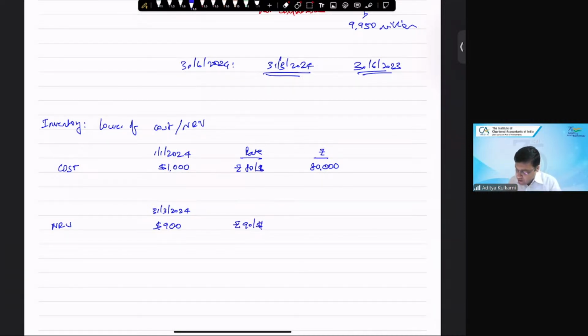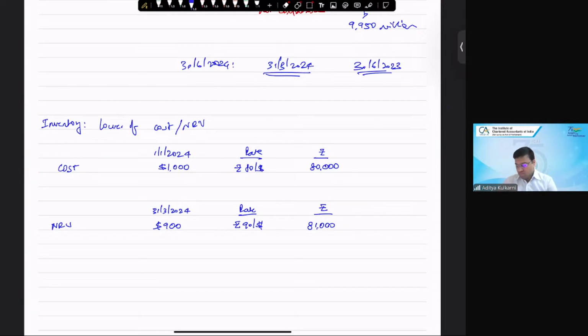So 90 into 900 is rupees 81,000. Is this clear? Yes, sir.